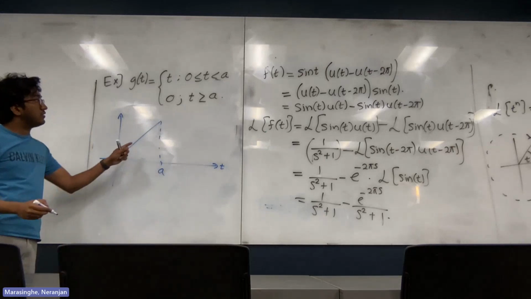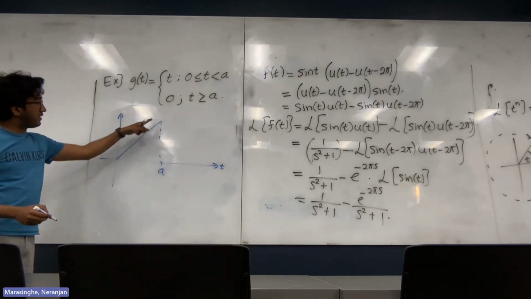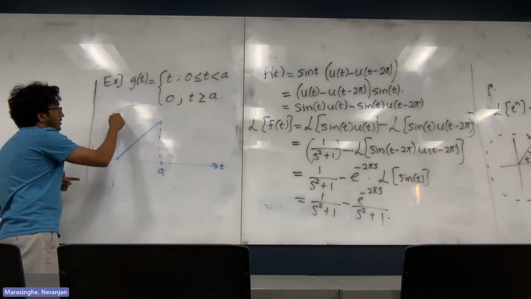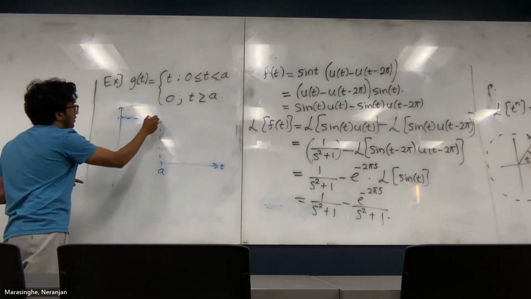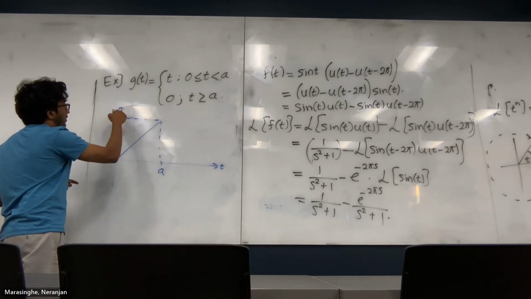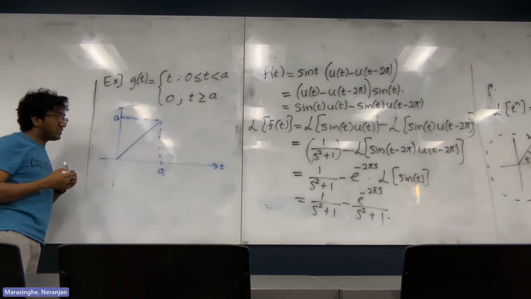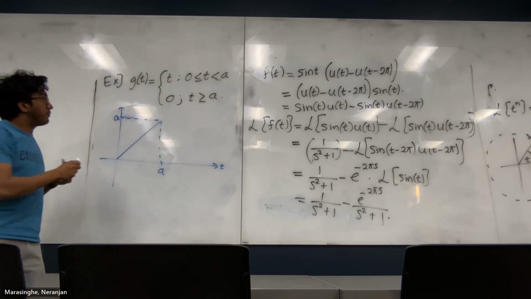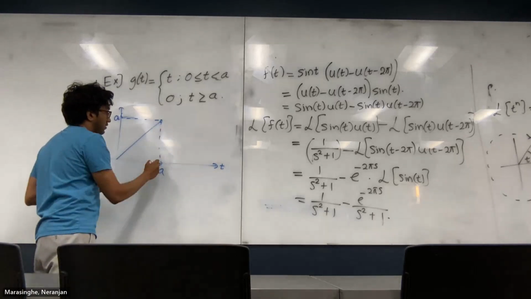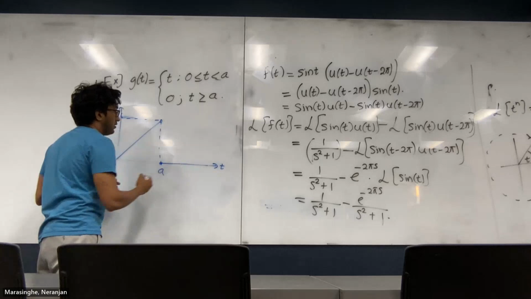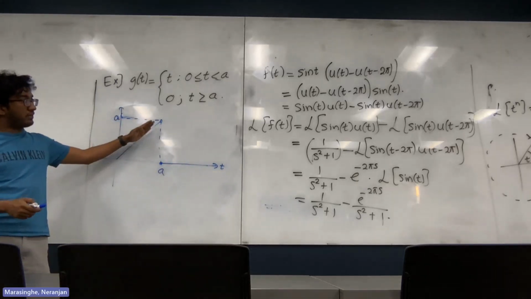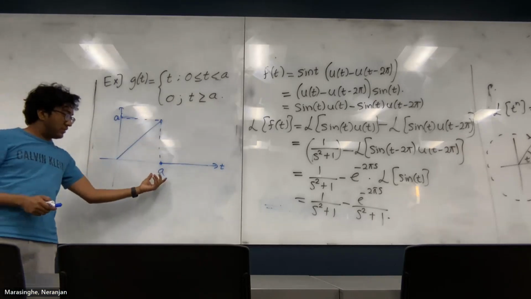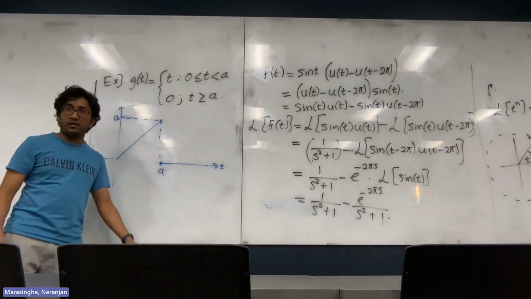So at t equals a, the y value is also going to be equal to a. This is your graph, right? Between 0 and a, my graph is t, and when t is greater than or equal to a, the value is 0.